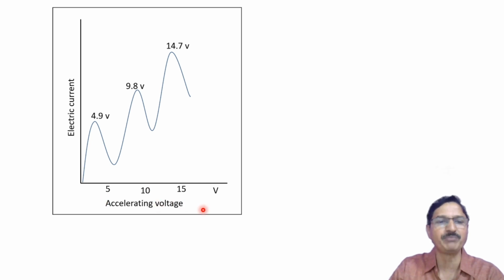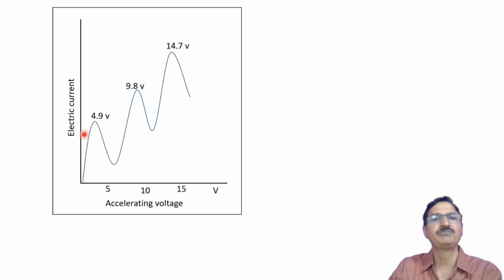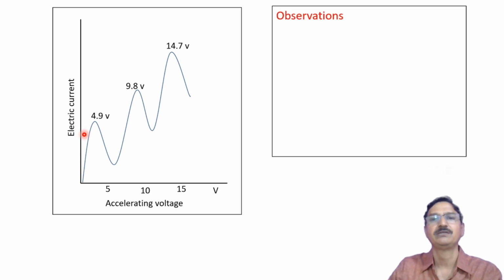So the x-axis represents the accelerating voltage, that is the voltage applied between the filament and grid G, and the y-axis represents the electric current, that is the current IP measured in series with the collector plate P. So Franck and Hertz observed three facts.